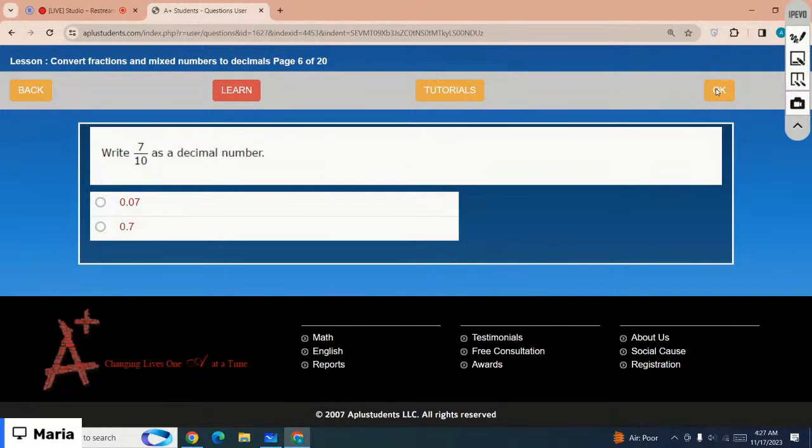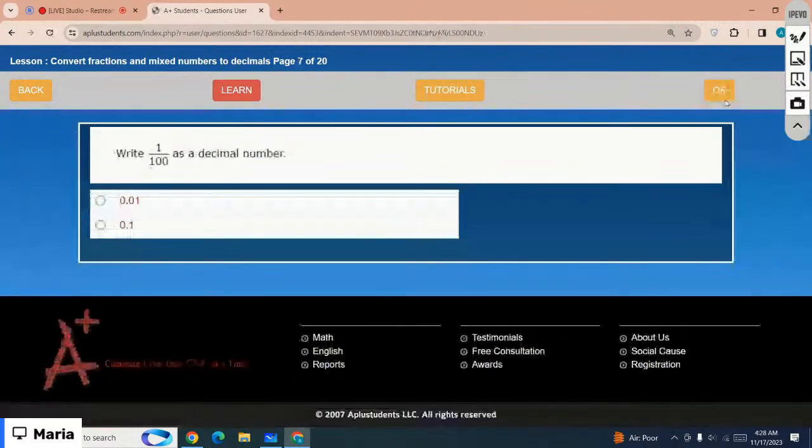So that would be 0.07? Be careful, just read the question carefully and then answer. That would be only 0.7. The correct option is 0.7. The second option is the correct one.